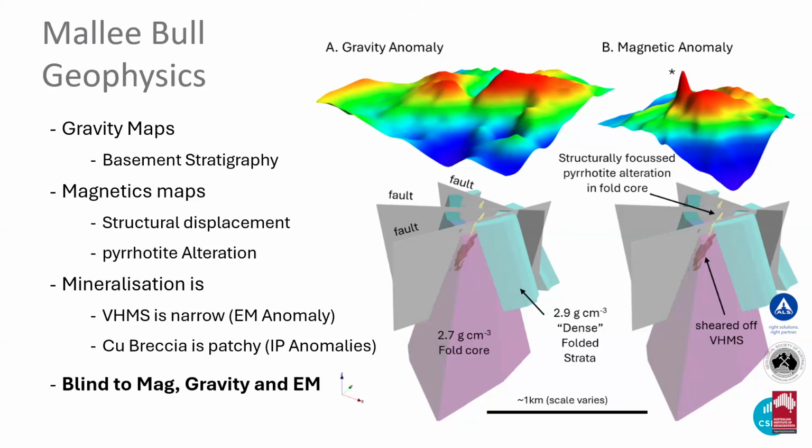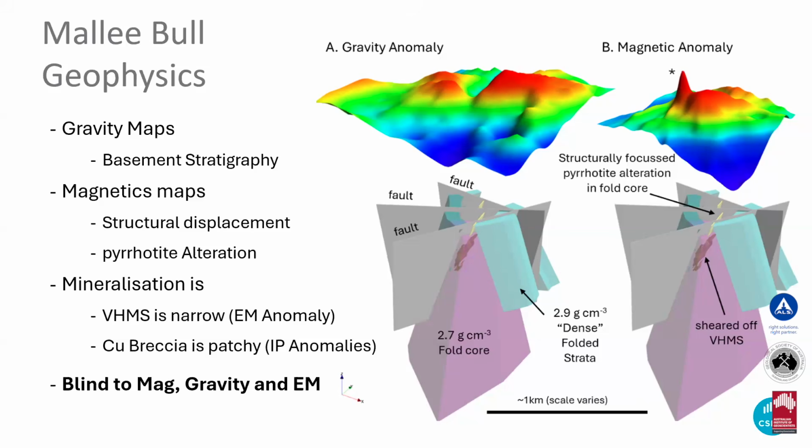It's just picking out the stratigraphy. A 0.01 contrast in the density here is enough to give you that gravity anomaly. You've got massive sulfide ore here, which has a density around 5, which is big in terms of gravity, but it's a few meters across and it's 200-300 meters depth. So it's not showing up in the gravity at all.